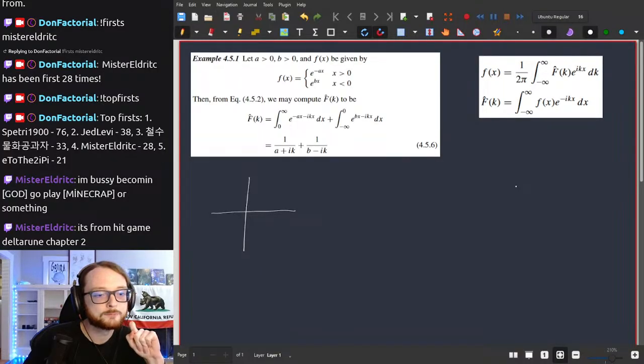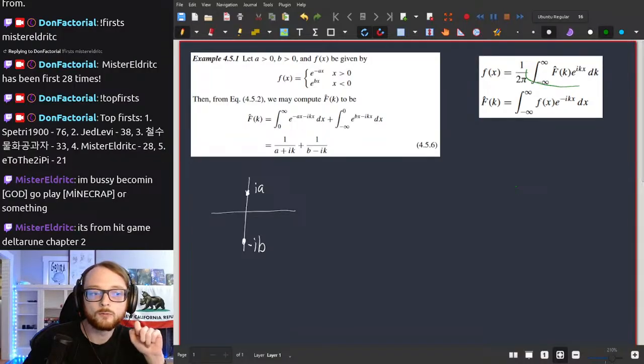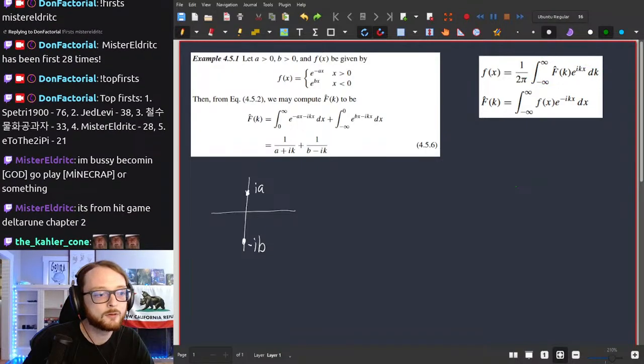So there's a pole at iA and at minus iB. And we want the integral from negative infinity to plus infinity.